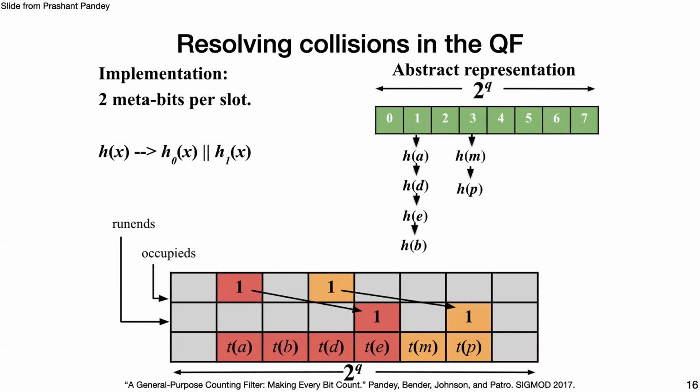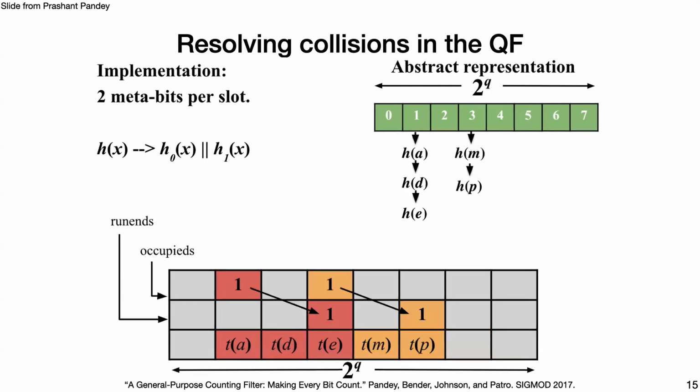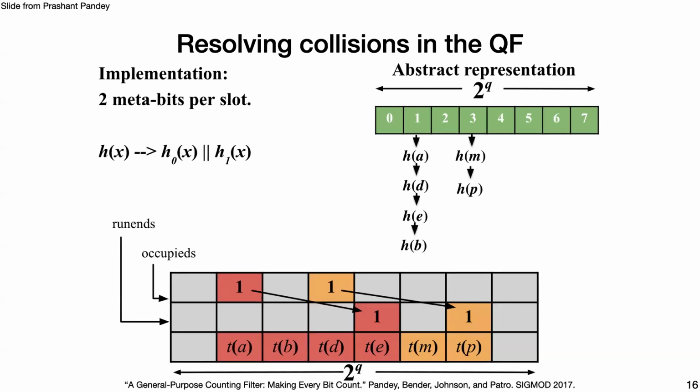Okay, so suppose that we wanted to add a new element. Yes, we're adding B. So suppose that we wanted to add H of B. I guess these are stored in sorted order. Now B belongs in this run, and the occupied bits stay the same, but the run end bits shift over by 1. Why is it shifting?